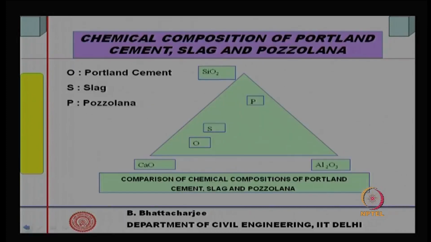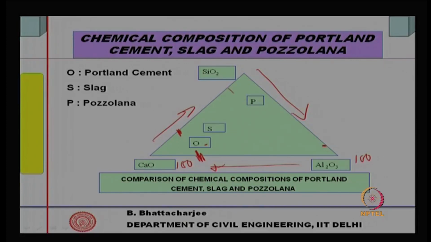Calcium oxide is around 60%, with a very small quantity of Al2O3. Calcium oxide 100% is here, 100% Al2O3 is here and 100% SiO2 is here. So, you can see that OPC has high CaO, and small quantities of SiO2 and Al2O3.